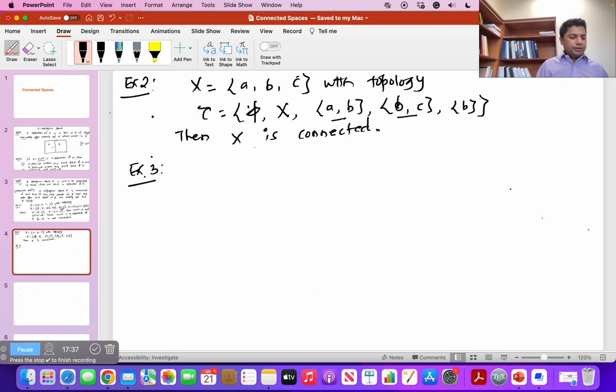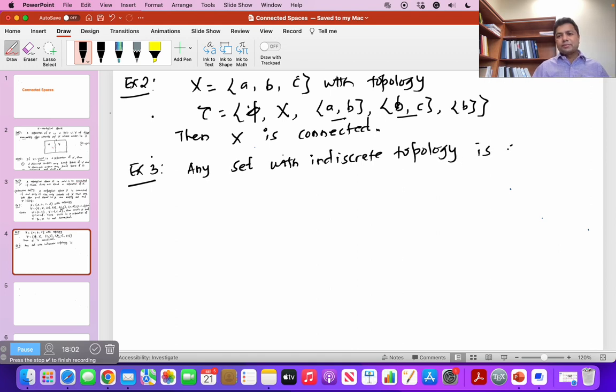Example number 3. Any set with the indiscrete topology is connected.